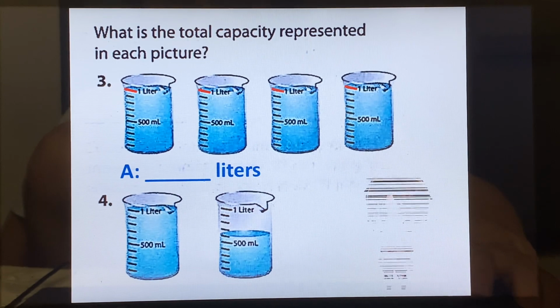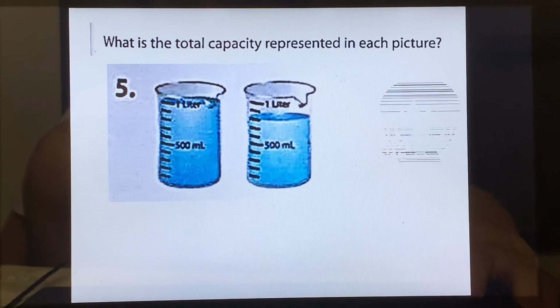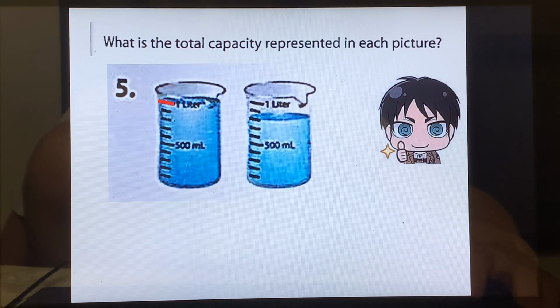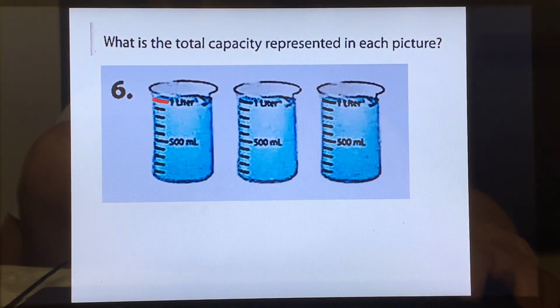Number 4. Look at the marks on the cups and write the correct capacity. Number 5. Write the right capacity. Number 6.